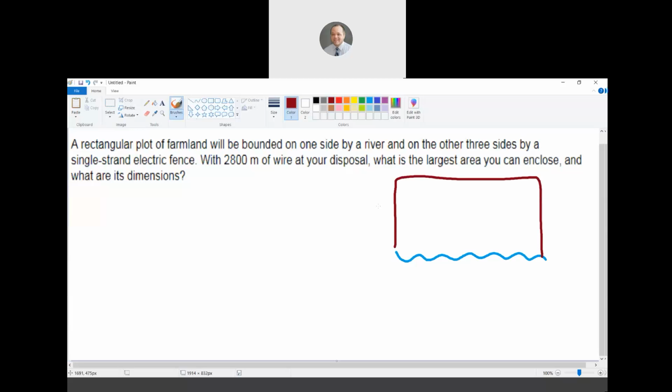Now we can label the width as X and the length as Y. And the 2,800 meters of wire is actually the given perimeter. Now we'll be using the area formula for a rectangle again. A is equal to length times width, or X times Y.